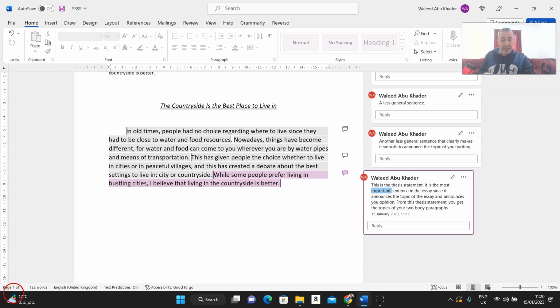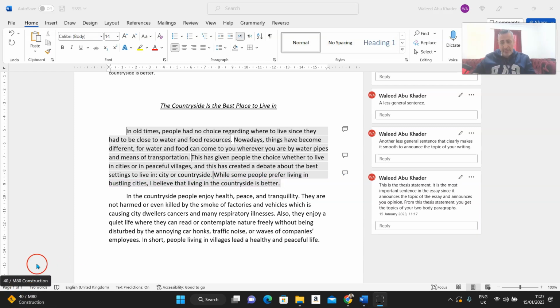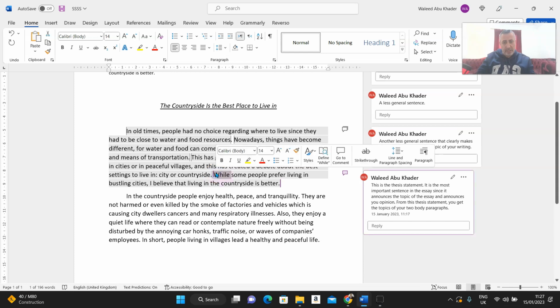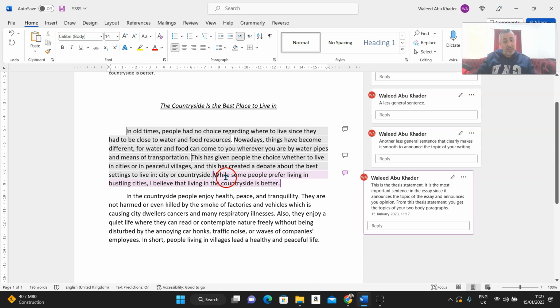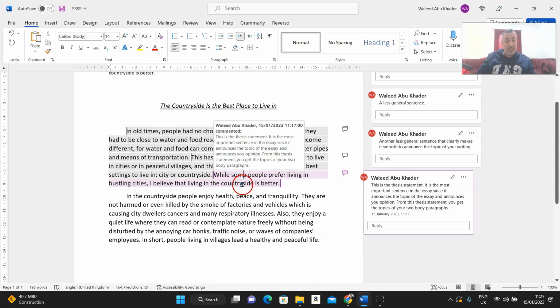Also, to save time, I wrote the first body paragraph. Now, again and again, where did I get the topic of the body paragraph? From the thesis sentence. Again, the thesis statement is, while some people prefer living in bustling cities, I believe that living in the countryside is better. So your opinion is that living in the countryside is better.